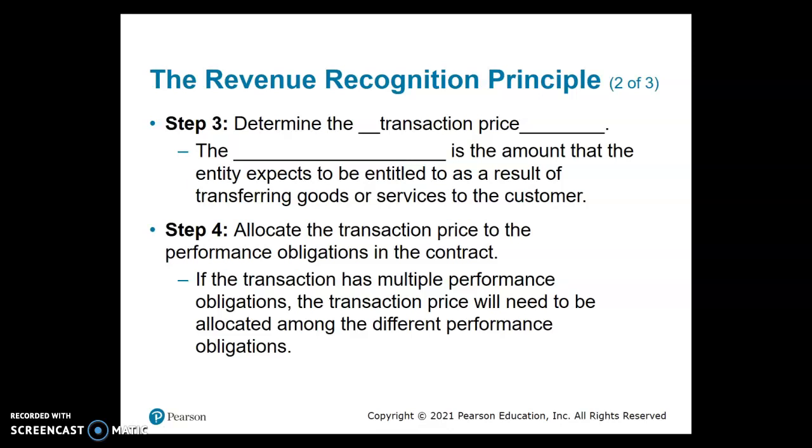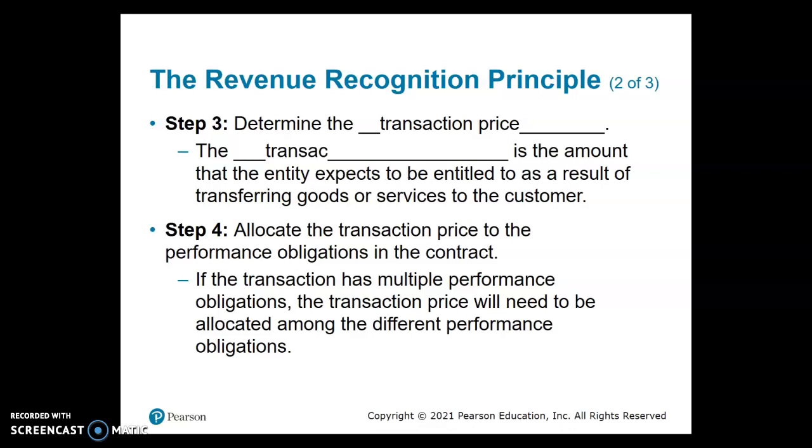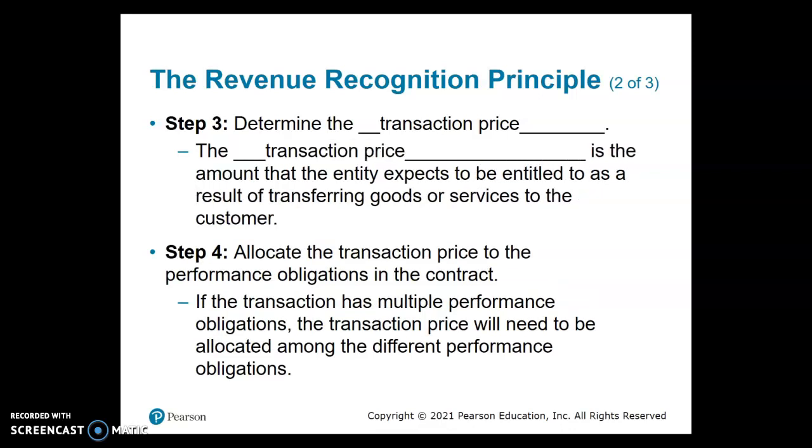Under step 3, the transaction price is the amount that the entity expects to be entitled to as a result of transferring that good or service. So as a result of our company cutting our neighbor's grass, if we do that service, how much are we going to receive? What will that revenue be? What dollar amount?